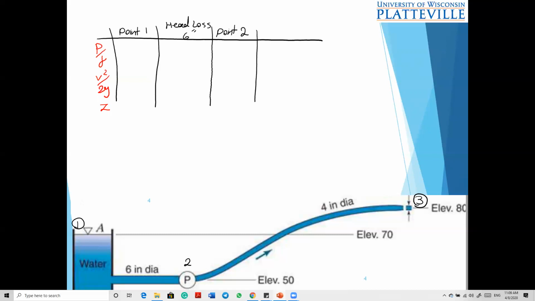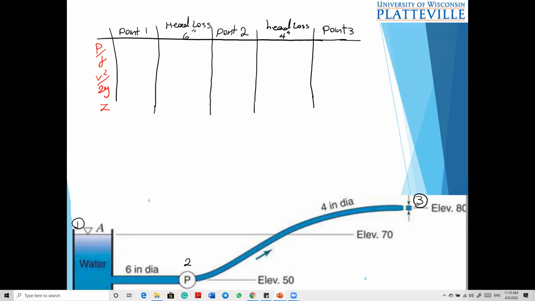Then again, we have some head loss in the 4-inch diameter pipe, and then we get to point 3, right?